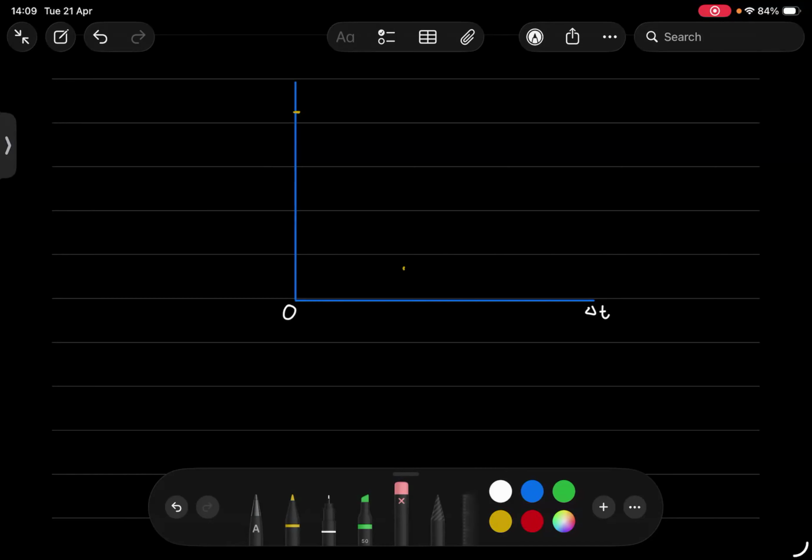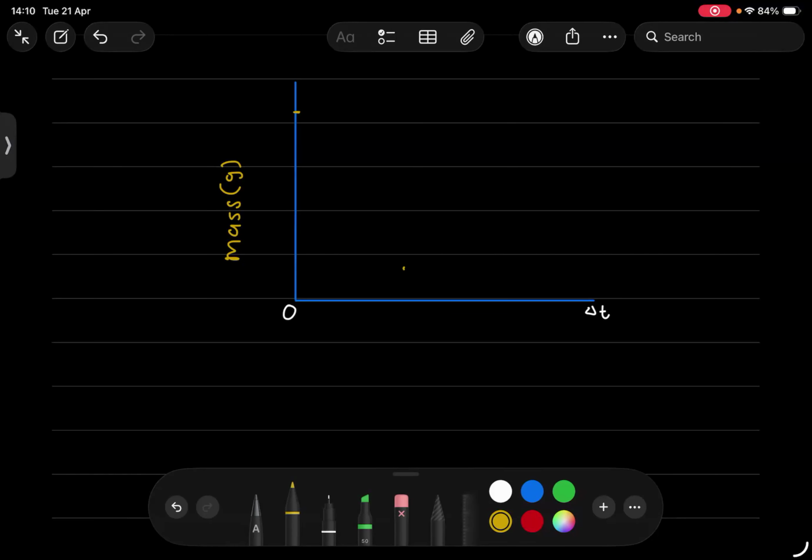Let me just say mass, in grams. Maybe they would say the mass of a certain substance.